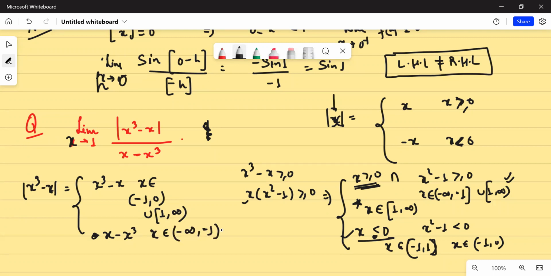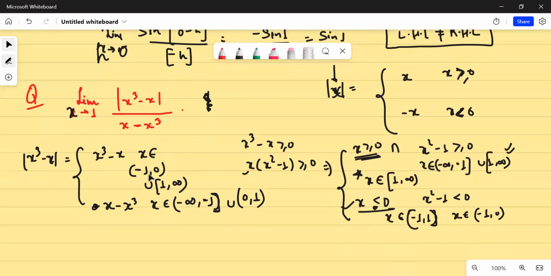Is that clear? And you can take it here itself, union (0, 1), because for (0, 1) again it would be negative only. Are you getting my point? You can check that on your own. Matlab, barring these values, it will be negative.